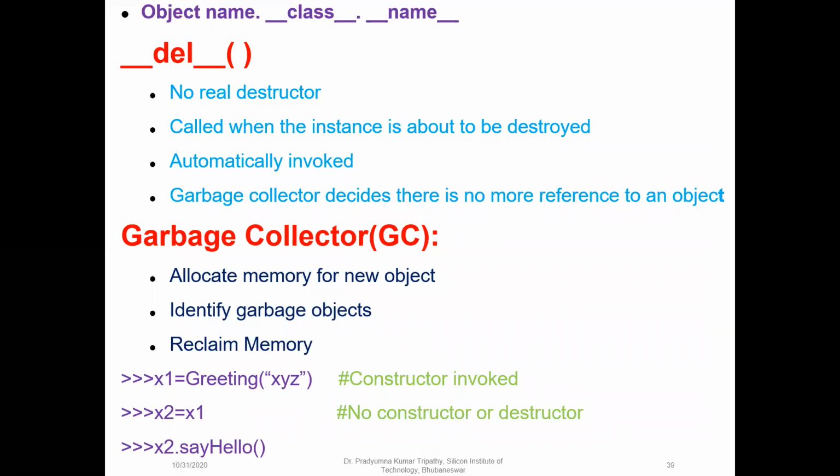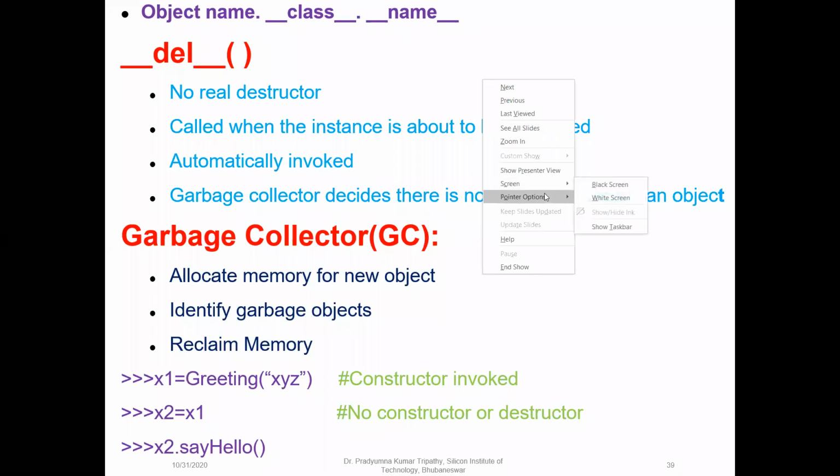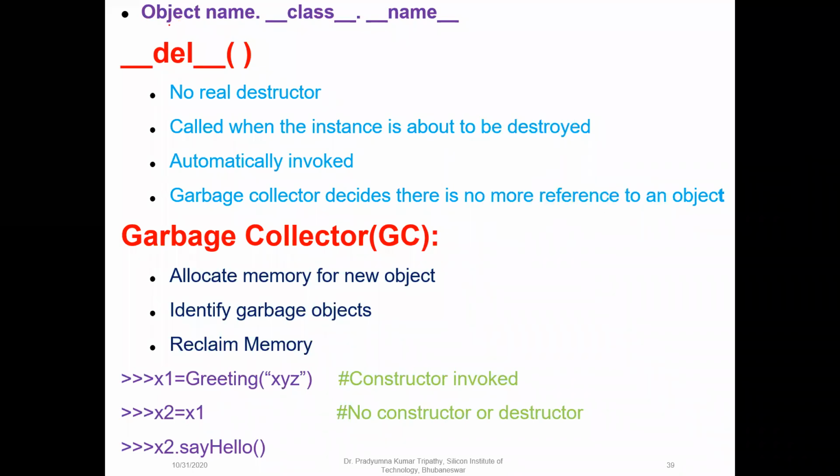As I told you earlier, there is no destructor in the class. You have a constructor. INIT will work as a constructor, but there is no real destructor. So if you want to know the class to which this object belongs, you may go for object name dot underscore underscore class, and then name.